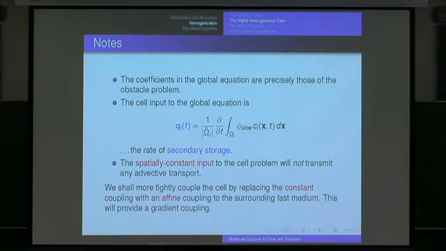So each of those cells is giving me a secondary storage at the corresponding point. And that storage term has a delay associated with it, dependent on its local diffusivity, which gave me these delayed storage effects. So I can see all the pieces to this guy in these various terms.